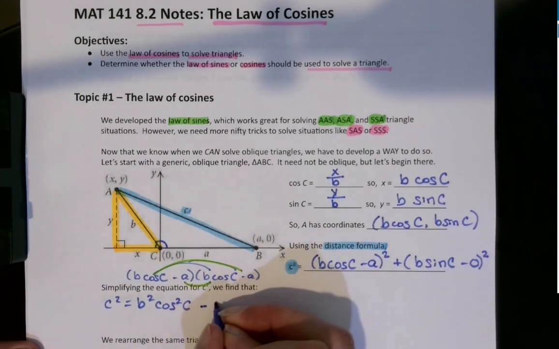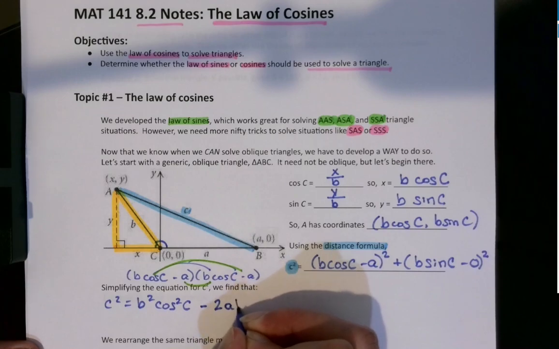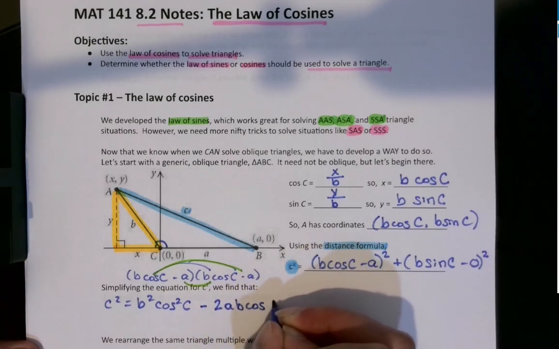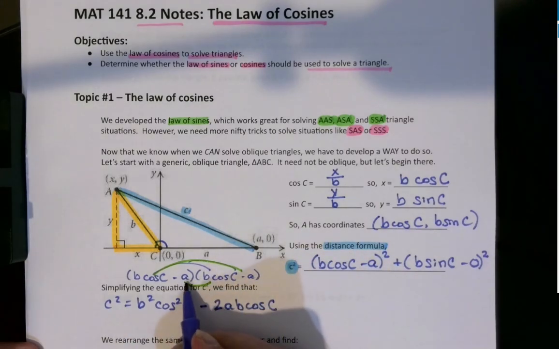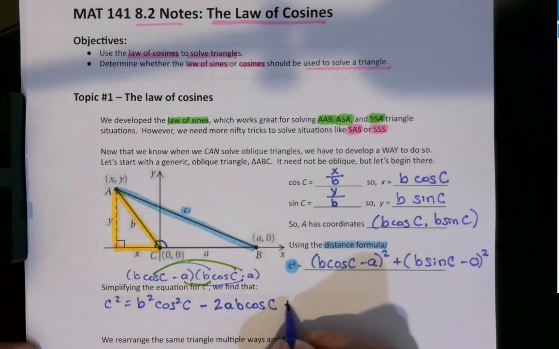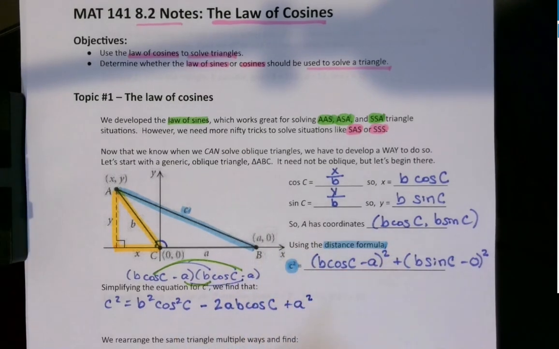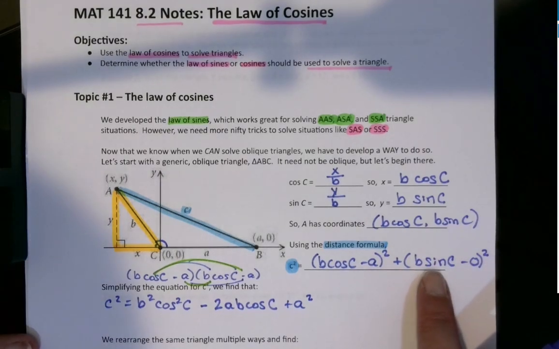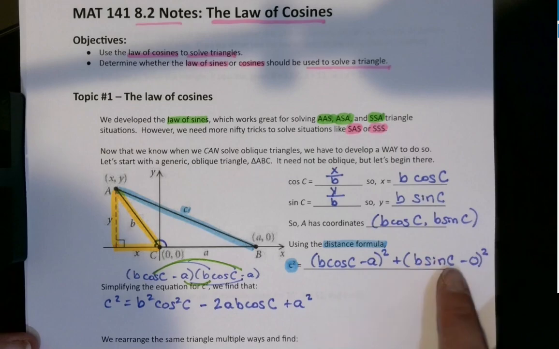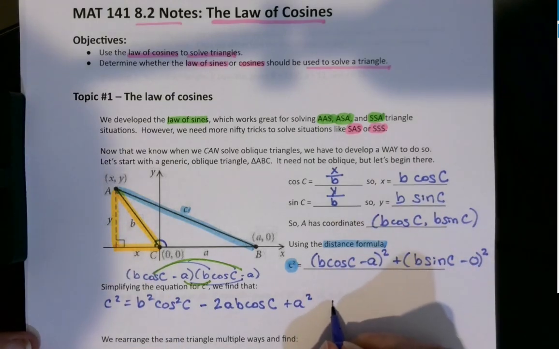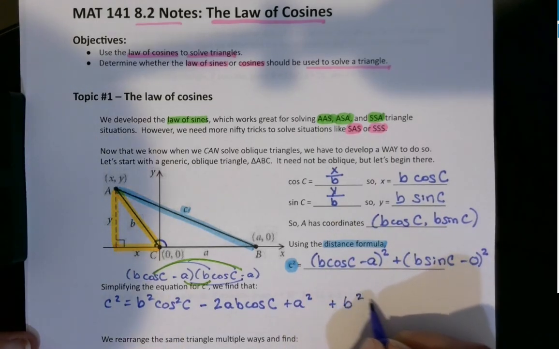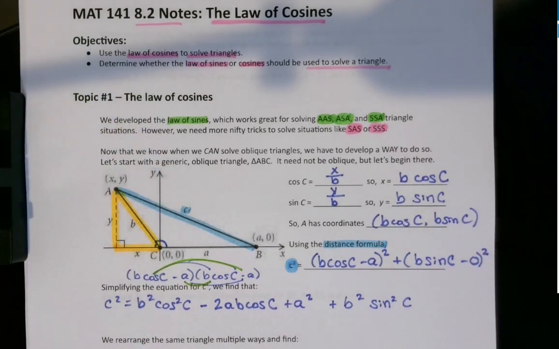So I'm going to have negative 2ab cosine C. And then last, we're going to get negative a times negative a, which is positive a squared. Then we come over to this piece here. b sine C minus 0 is just b sine C. And when I square that, we'll have plus b squared sine squared C.